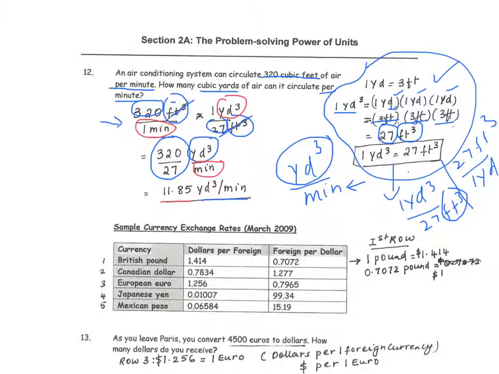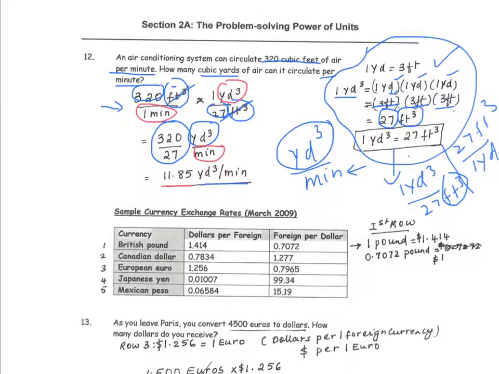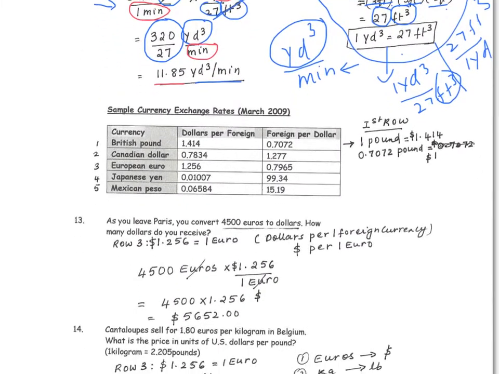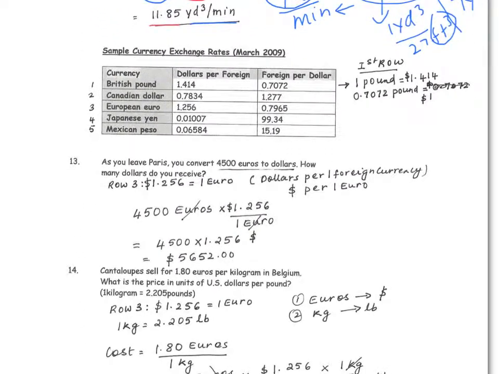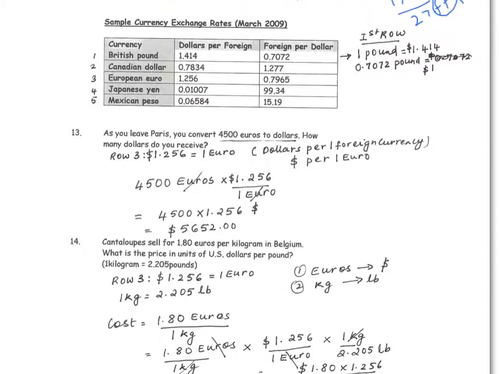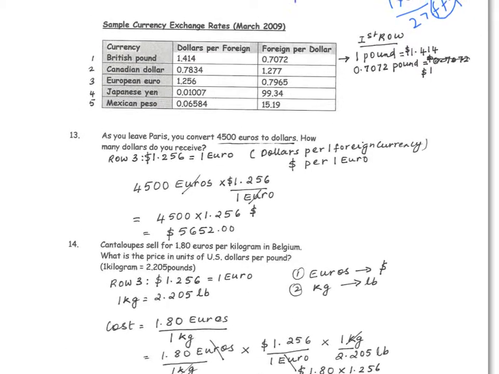Now we're going to do some calculations with currencies, and we just have a table that describes currencies here. So let's look at problem 13. As you leave Paris, you convert 4,500 euros to dollars.